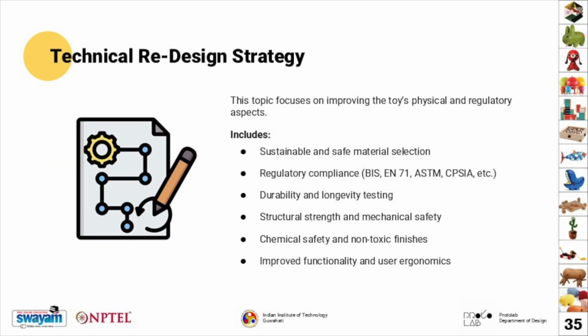The technical and performance redesign strategy focuses on improving the toy's physical and regulatory aspects, enhancing safety, material sustainability, durability, and regulatory compliance, which includes sustainable and safe material selection, regulatory compliance such as BIS and EN 71, durability and longevity testing, structural strength and mechanical safety, chemical safety and non-toxic finishes, and improved functionality and user ergonomics.